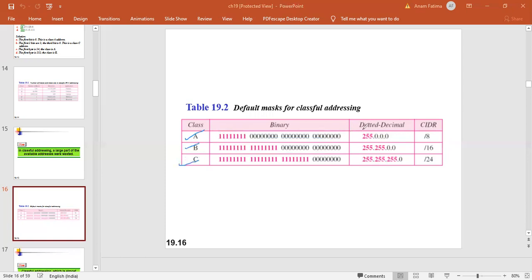What is happening here is we have got 3 classes: class A, class B, class C. If we write it in the form of a dotted decimal, how can it be written? As I said, in class A the network ID part is your first byte.